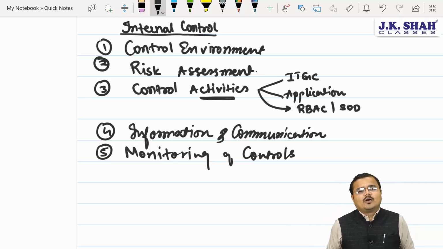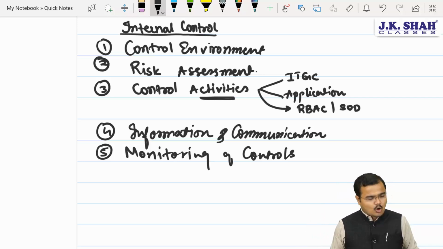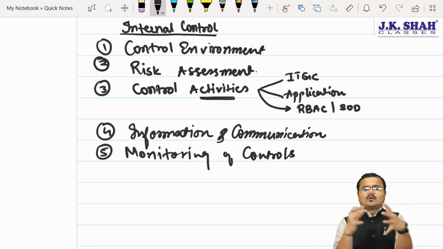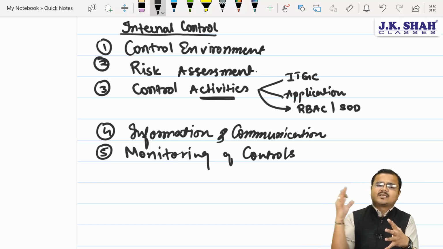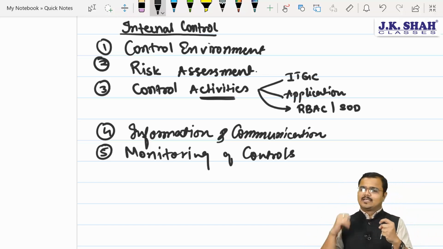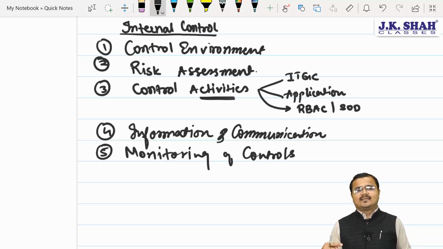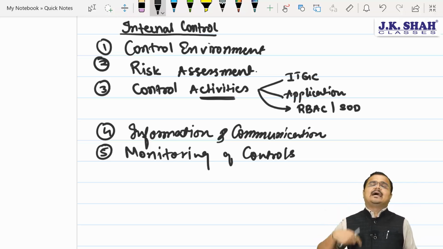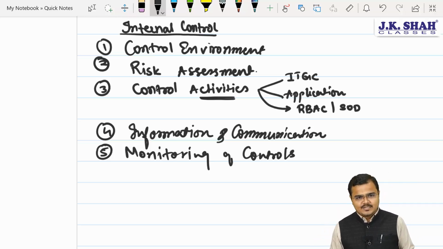So 5 most important components, people, without which we can say that our internal controls are nothing. Components of internal control. Internal control consists of, number 1, control environment, that is the board of directors, their psychology, the way they design the controls. Number 2, sir, risk assessment, identifying the risk, understanding its impact, and preparing a risk mitigation strategy for the same.